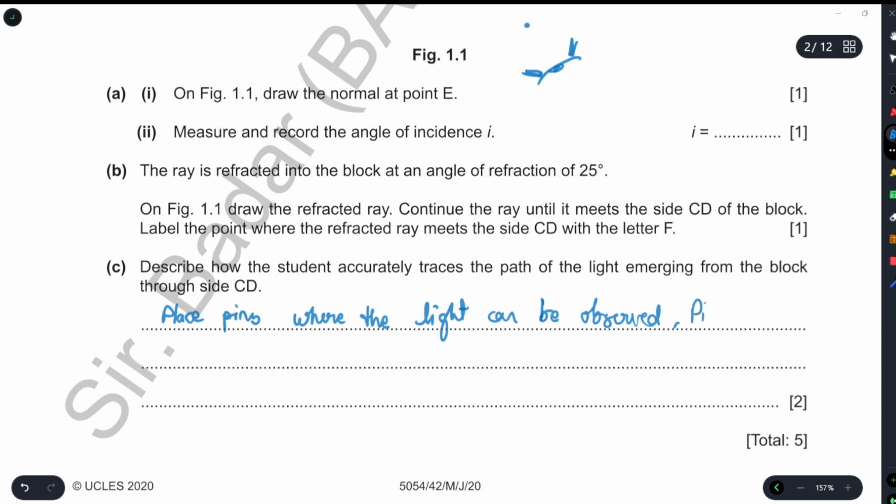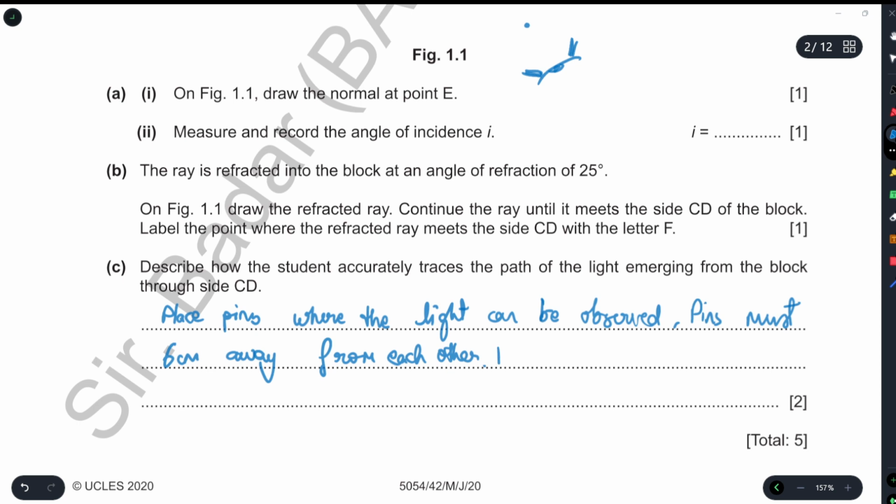Pins हम कह देते हैं कि अब जाहिर सी बात है pins बहुत करीब तो नहीं रखेंगे ना. तो pins must be maybe 6 centimeters away from each other. ठीक है.